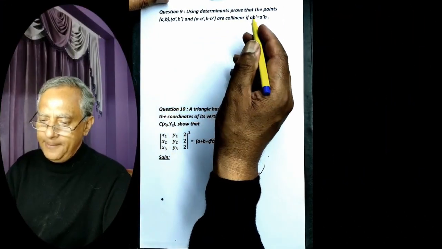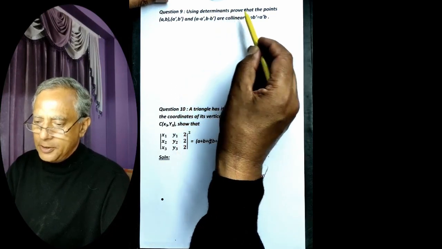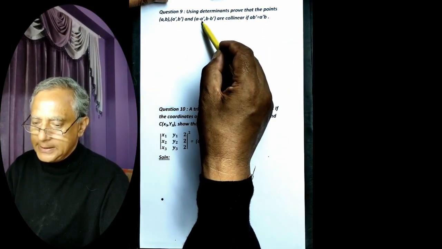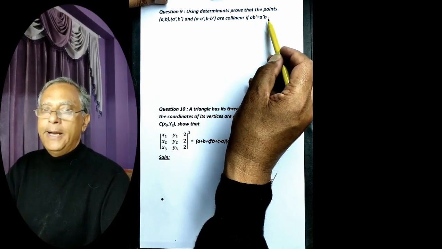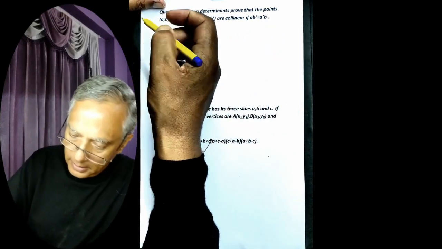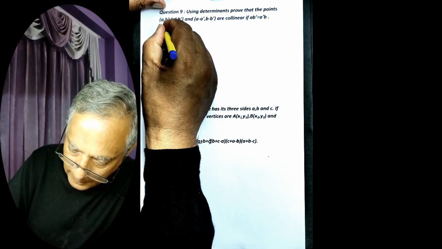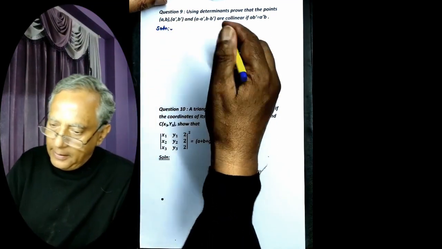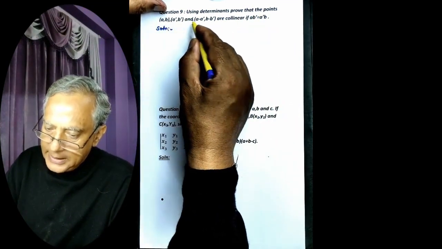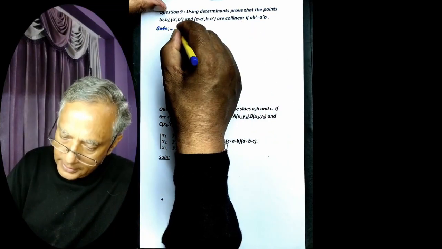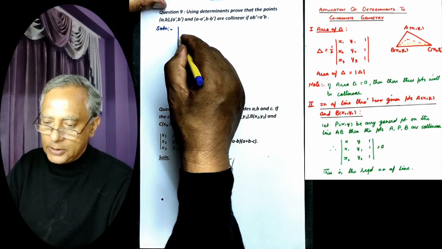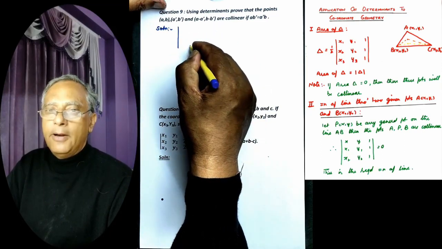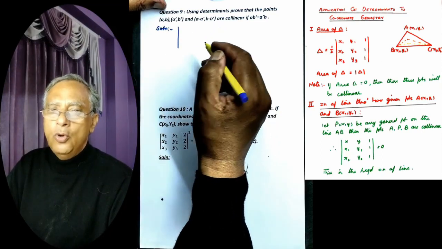The next question is, using determinants, prove that the points this are collinear if AB' is equal to A'B. Now, we are given that the points this are collinear. Therefore, the determinant x1, y1, 1, x2, y2, 1 and x3, y3, 1 should be equal to 0.